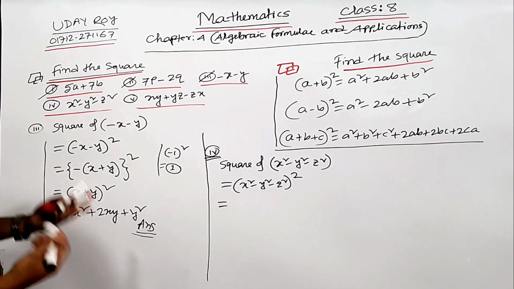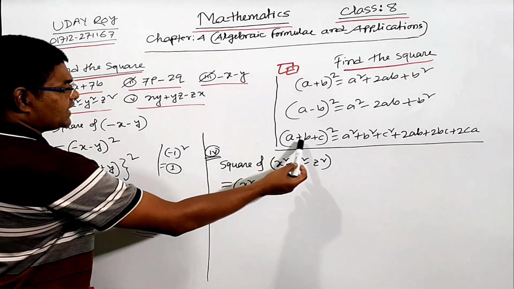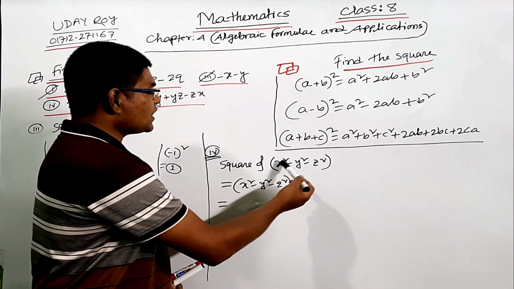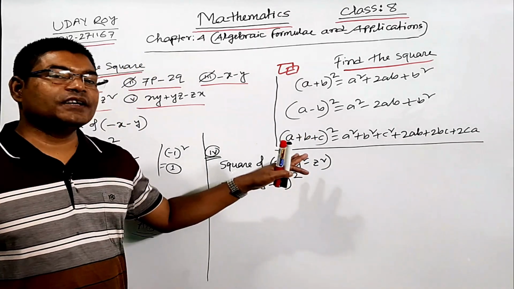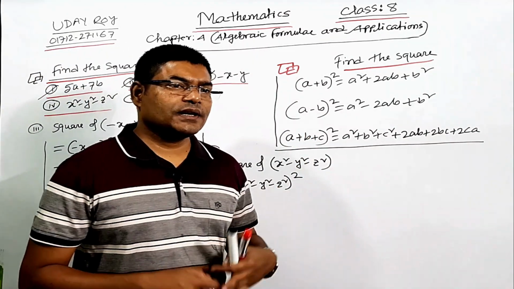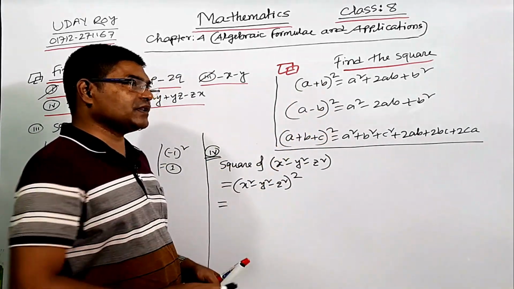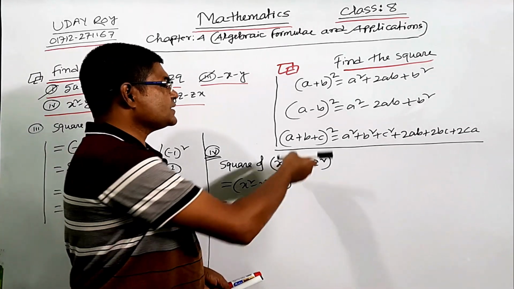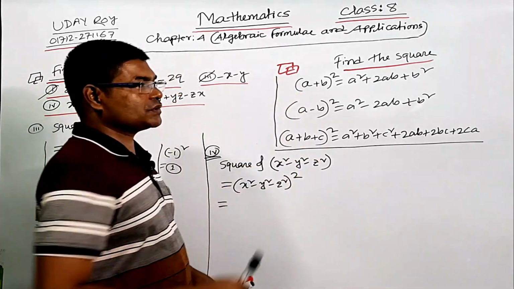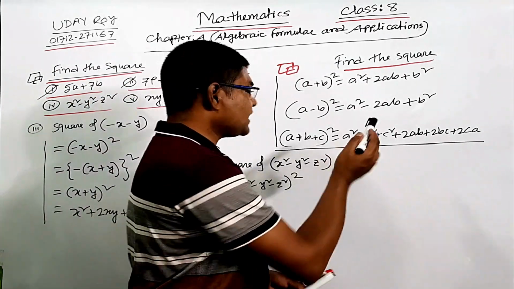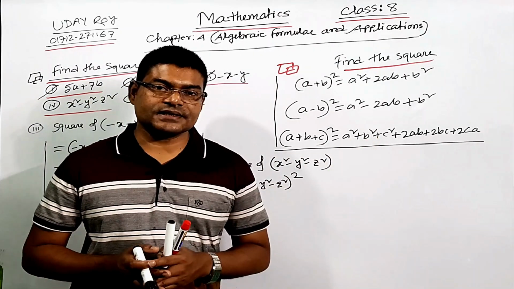Now we will do this type of maths, a plus b plus c whole square type maths. We can do x square minus y square minus z square whole square in 2 ways. First one, we can convert the maths in this position, or we can do this maths using this method also. So at first we will use a plus b plus c type.